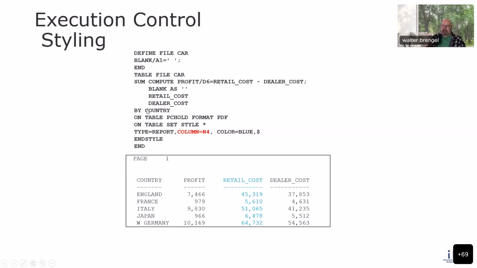So I could have done retail underscore cost open paren 2, or if you don't want to be concerned about which number you're looking at, just do retail underscore cost open paren asterisk. And then any reference that it sees of the retail cost on the output would then get the blue font.